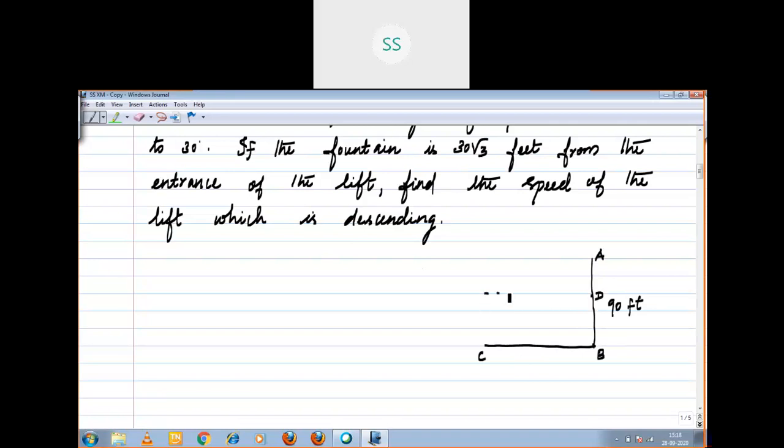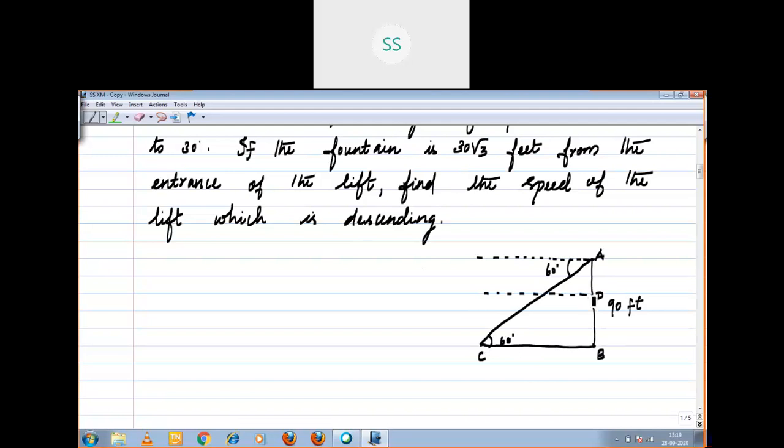From the point I am going to draw a horizontal line. The same way I am going to draw a horizontal line to A also, right? You are seeing the fountain, C is the position of the fountain. First, it makes an angle of 60 degrees. So this is also 60 degrees.